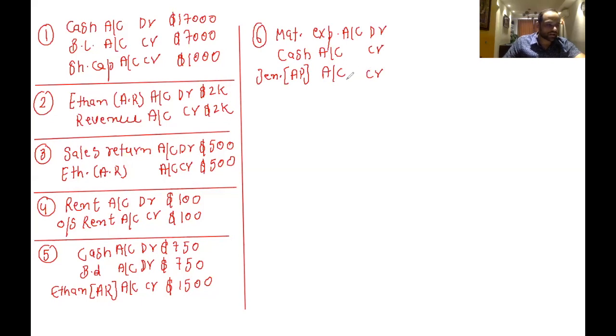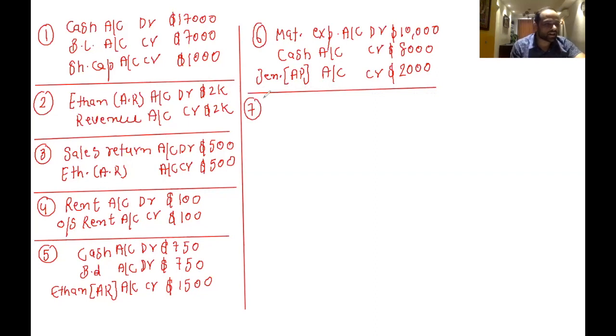So 80% cash is 8,000, right? And 2,000 credit, 20%, and 10,000 is the value of material. So number 6 is finished. Is that okay? If number 6 is okay, let's move on to number 7.